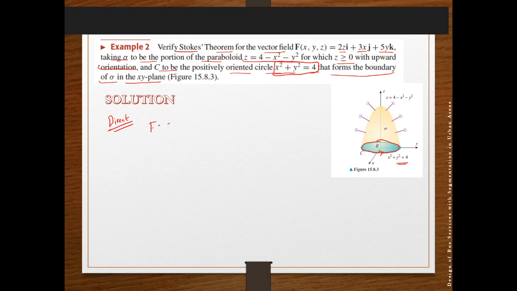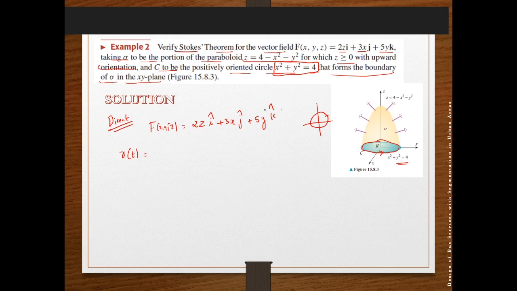So what is F? F is 2z i plus 3x j plus 5y k. And tell me what is the parameterization of the circle. Here we have given r of t for a circle, right? What is x square plus y square equal to 4?